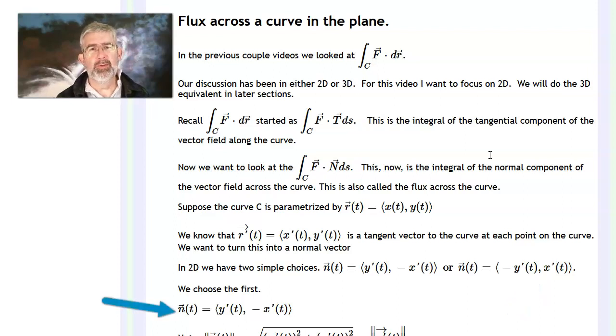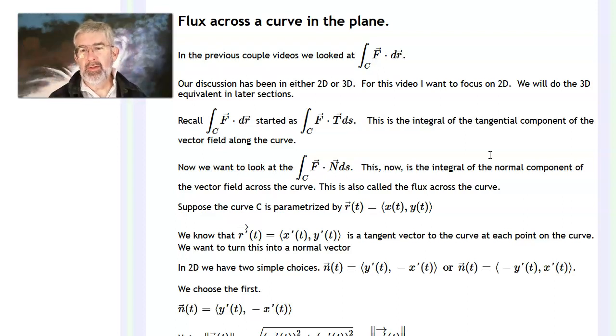This is the one that would be rotated in the clockwise direction. And the way I see that is, if I've got a vector with both positive x and positive y coordinates, right, and I rotate this clockwise, the x component still needs to be positive, but the y component needs to be negative.